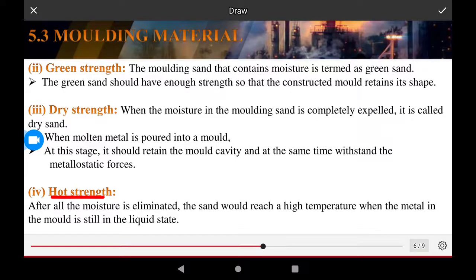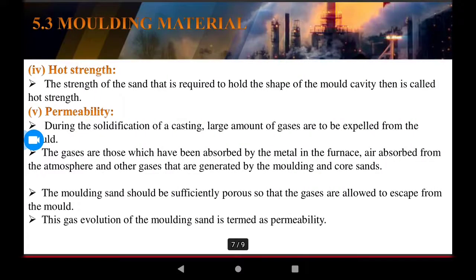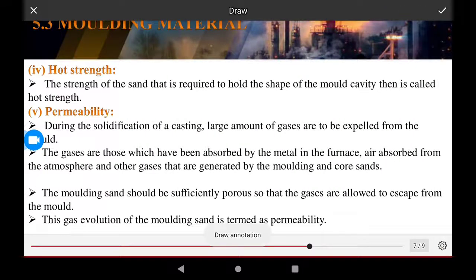After all the moisture is eliminated, the sand reaches a high temperature while the metal in the mold is still in the liquid state. The strength of the sand required to hold the mold cavity is called the hot strength.